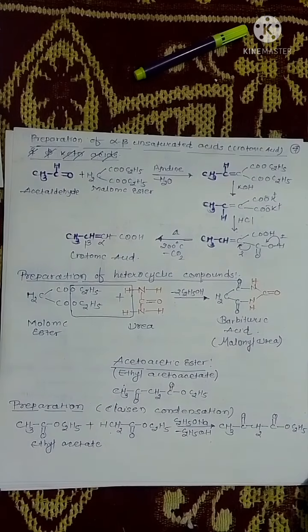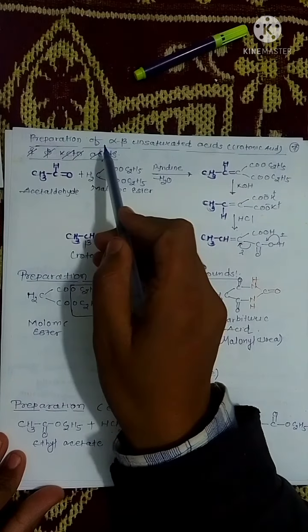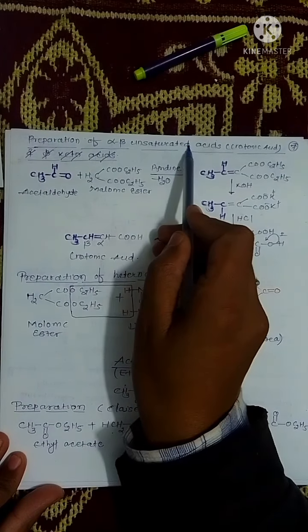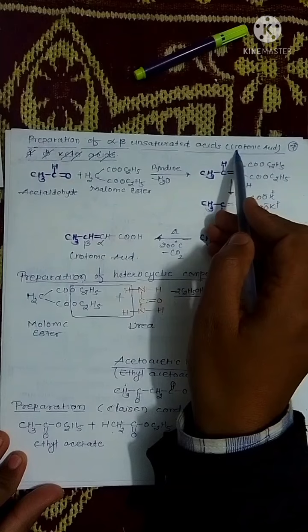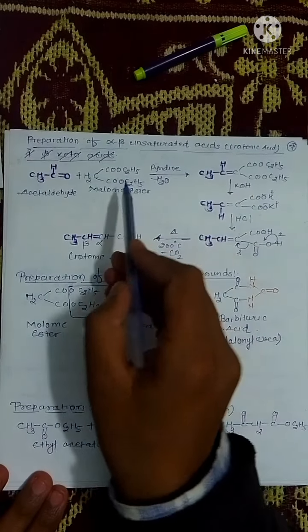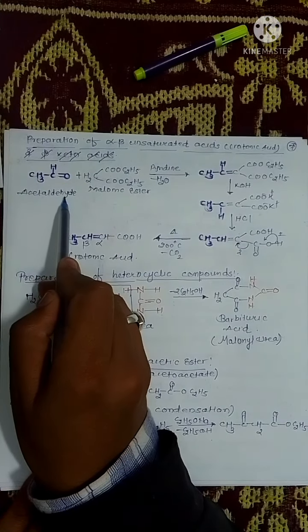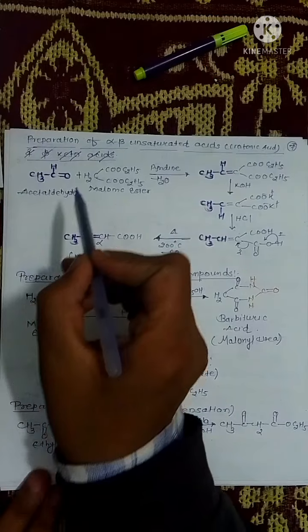Now we are going to see the preparation of alpha beta unsaturated acid, that is crotonic acid, from your malonic ester. When malonic ester is reacted with acetaldehyde, what is going to happen?